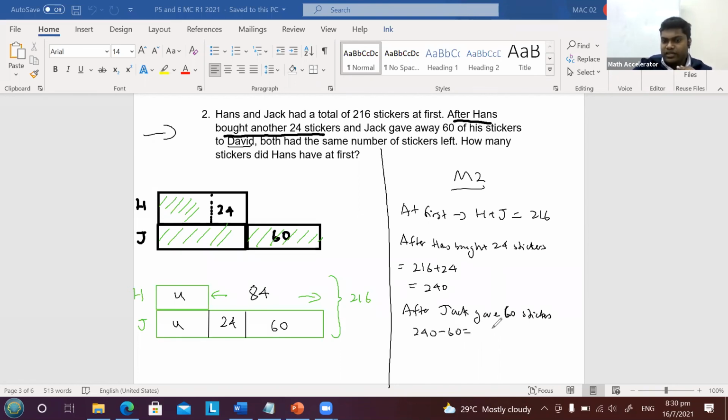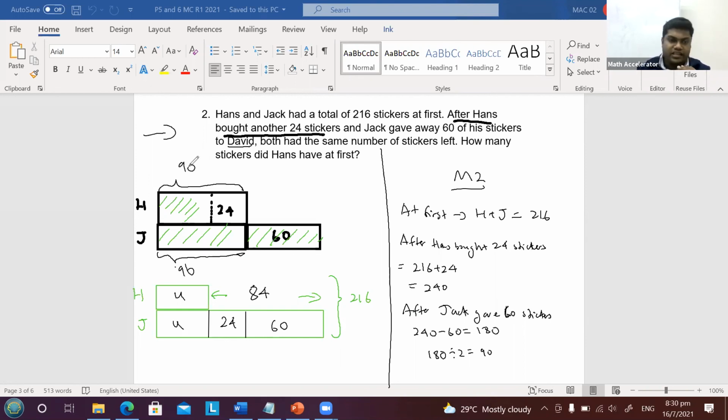That'll give you 180. So if at the end they have the same number of stickers, you just take 180, you divide by 2, that equals to 90. So which means this part here is 90 and this entire part here is 90.